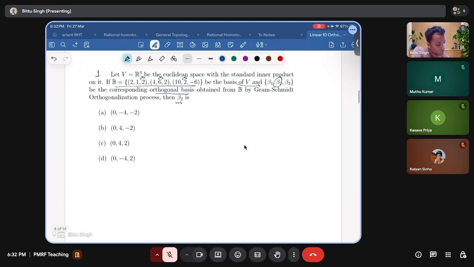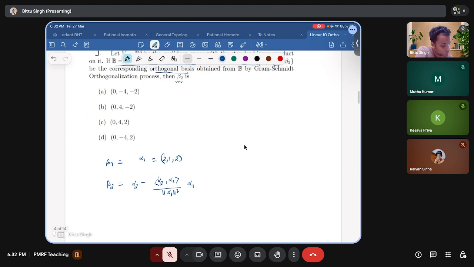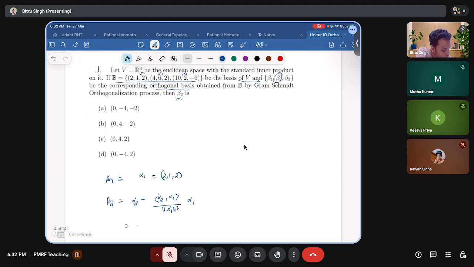So note that the Gram-Schmidt process will give me beta 1 the same as alpha 1, which is (2, 1, 2), and beta 2 is alpha 2 minus the projection of alpha 2 in the direction alpha 1. Alpha 2 is (4, 6, 2).